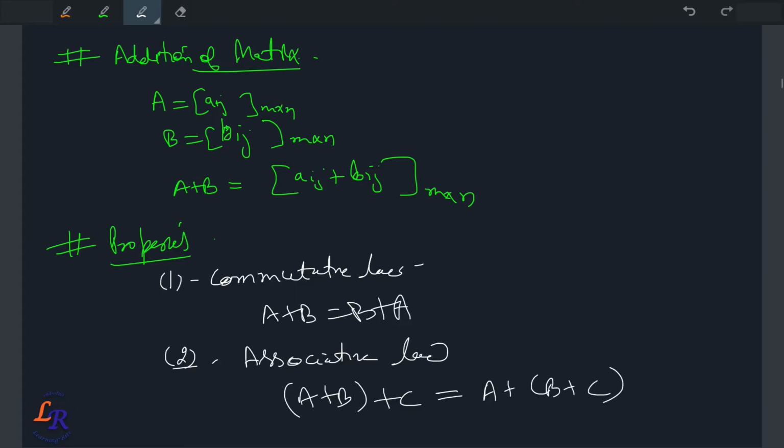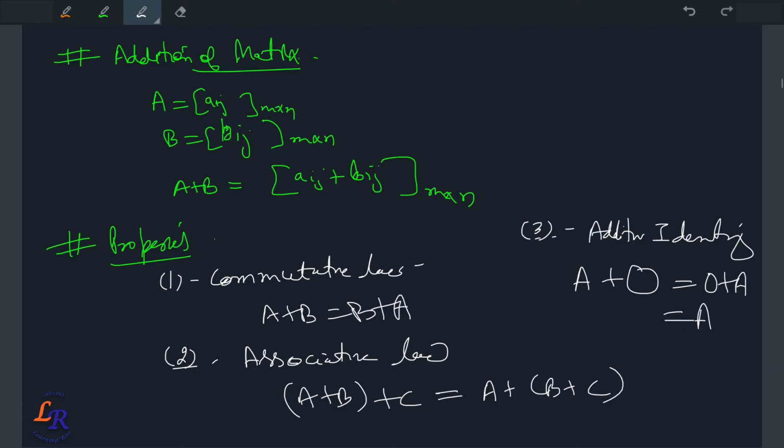This kind of property. We had also discussed the existence of additive identity. Additive identity means if you have any matrix and there is another matrix of the same order, and if you add it, you will get the same matrix. So this matrix 0 is called the additive identity.